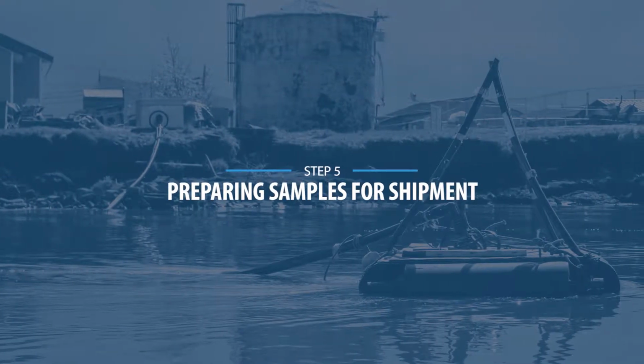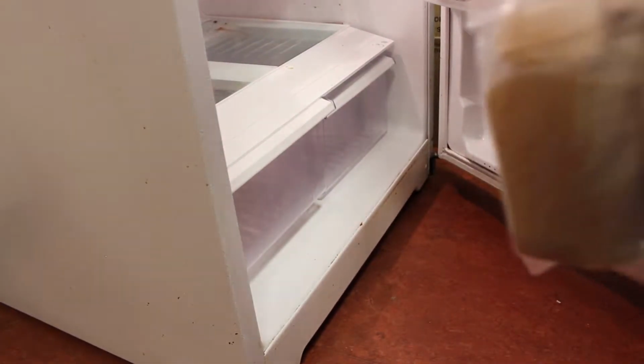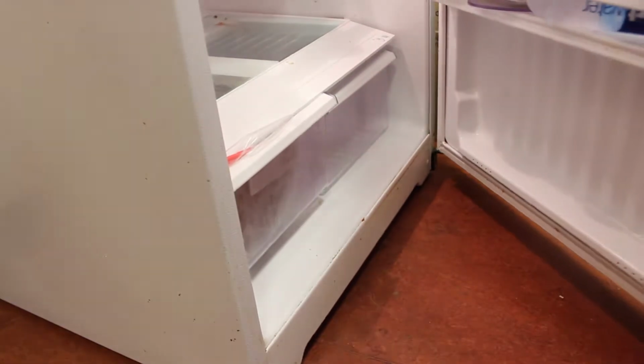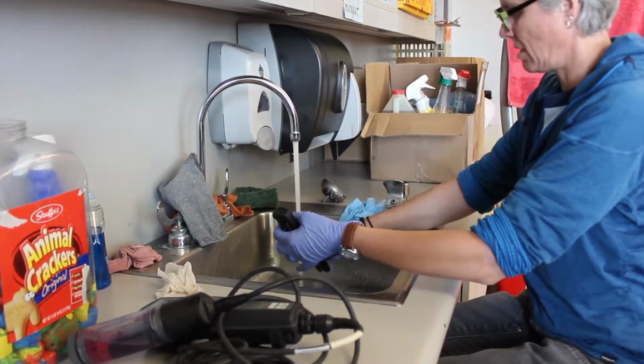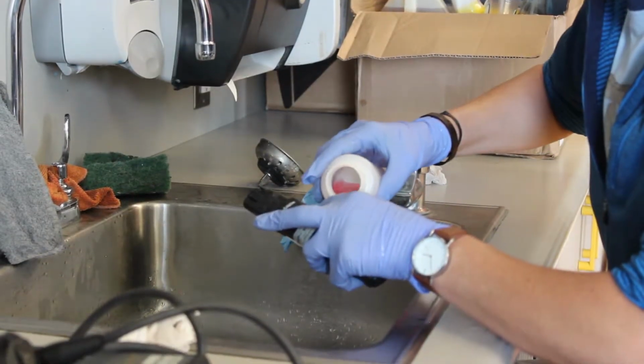Step 5. Preparing the samples and cooler for shipment. When you get back to the office, put the bottles in a refrigerator to keep them cool until you ship or hand deliver them to the laboratory. Also remember, after each sampling, clean and take care of your monitoring and sampling equipment.